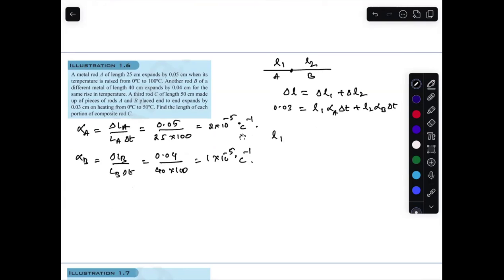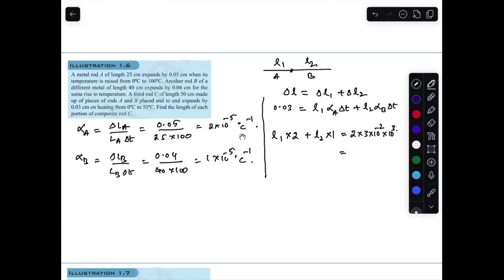L1 alpha A times 2 plus L2 alpha B is delta T, which contains 50. 100 by 2, 10 power minus 3 by 2. 2 into 3 into 10 power minus 2 into 10 power 3.